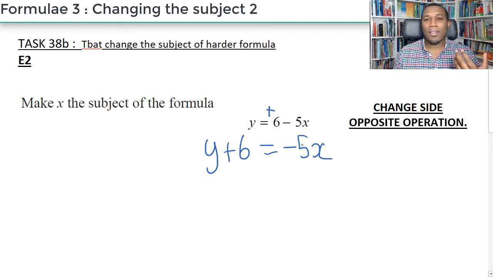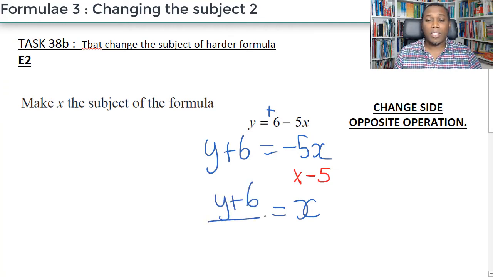Well, the next piece of logic you can take will deal with the job, but it's not ideal, but I'll show it to you anyway as an approach. At the moment x is being multiplied by minus 5. I don't want to multiply by minus 5. I want x all by itself, so x is going to stay all by itself, and that means the expression on the left hand side, the y plus 6, needs to be divided by minus 5.